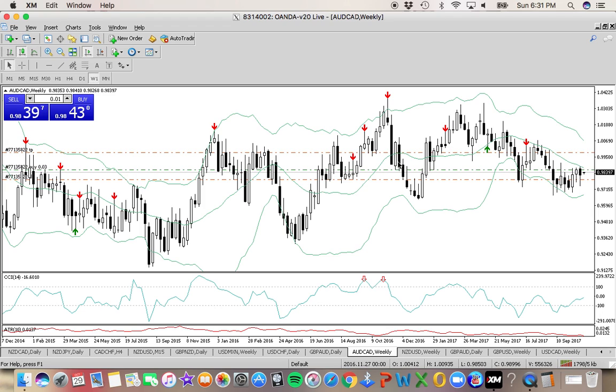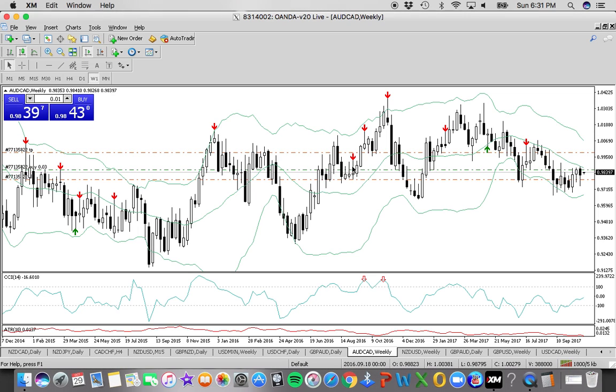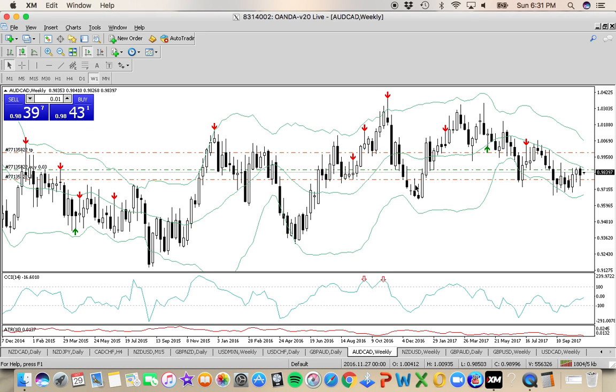And as we can see, it came back all the way down here, in this area where it tried to form resistance into support, or tried to form demand, and it still broke it. So just keep that in mind.